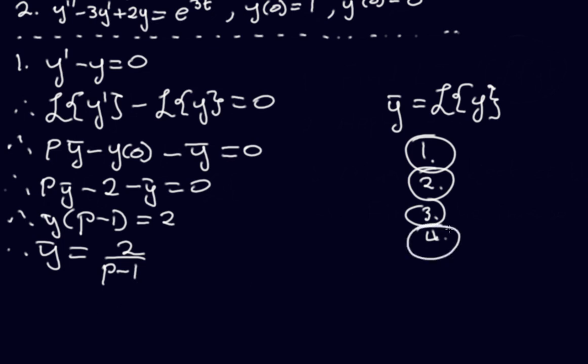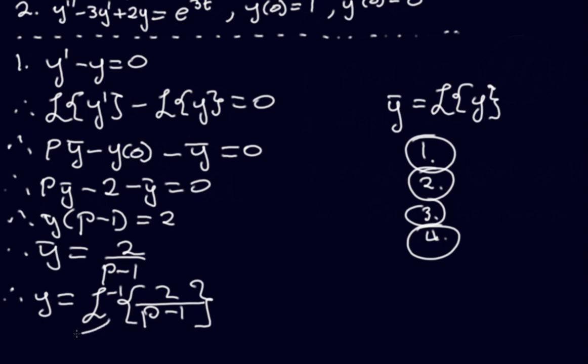Then lastly, step number 4, we must find the inverse to get the actual value of y. It therefore means y is equal to the inverse of the right hand side. 2 is just a constant, you can even put it outside behind this inverse operator.